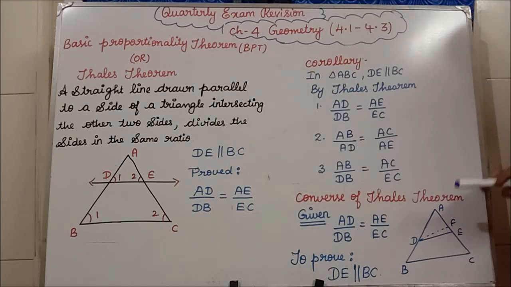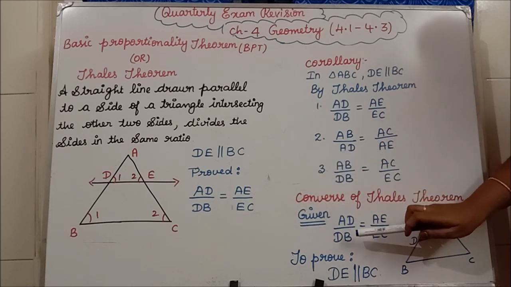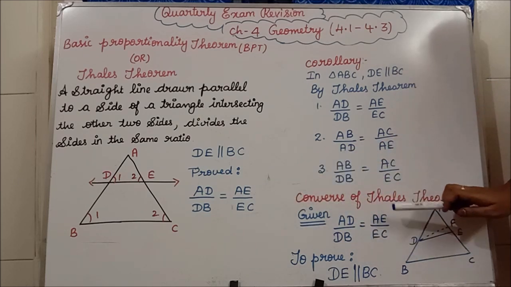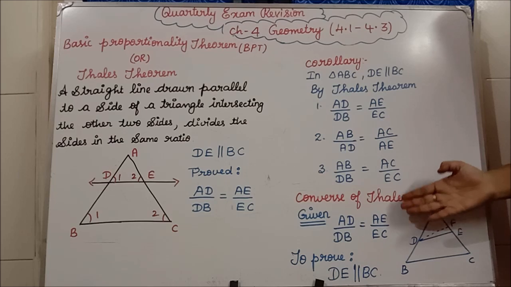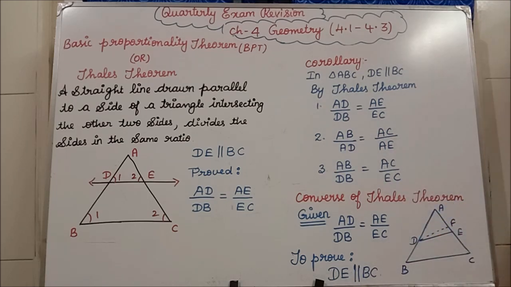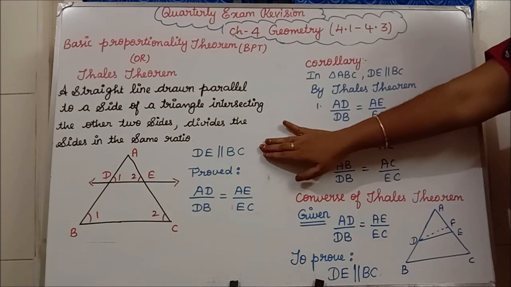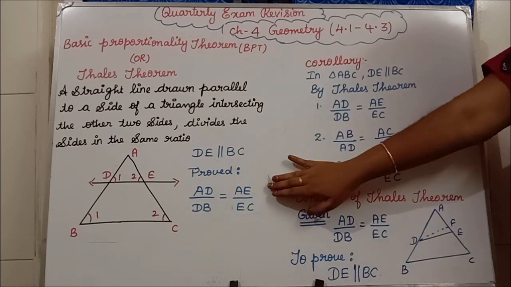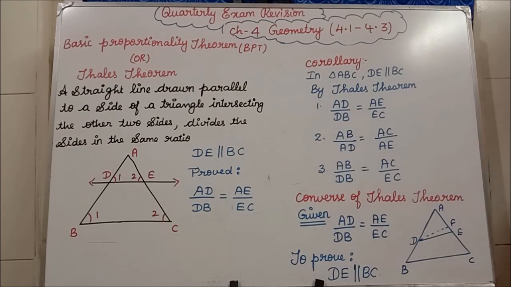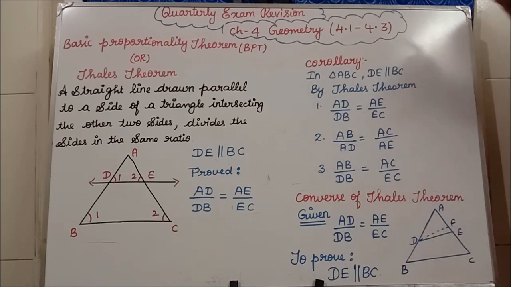But in the converse part, they have given AD divided by DB is equal to AE divided by EC, and we have to prove DE is parallel to BC. Clear? Reverse format. Converse means what is given, that we have to prove, and what to prove is our given. Based on this also you have 2 mark problems in exercise 4.2. Work out that also. Clear students?